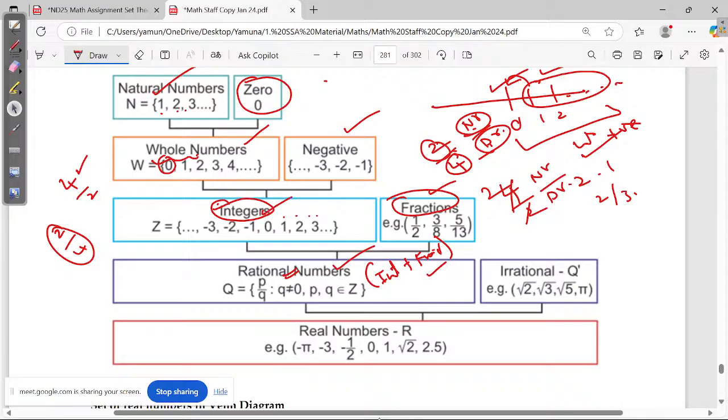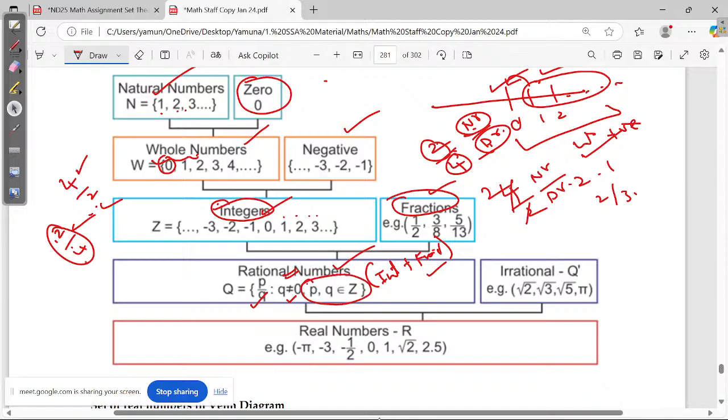For a rational number, we have conditions. It should be present in the form p by q, numerator by denominator form. Q should not be equal to 0, and p and q both should be integers.